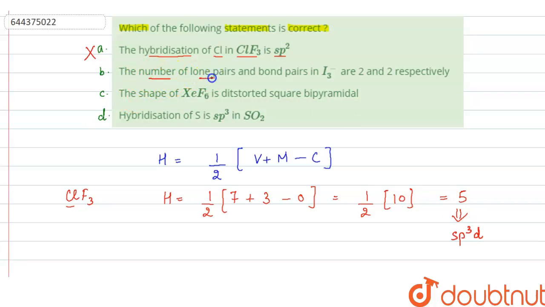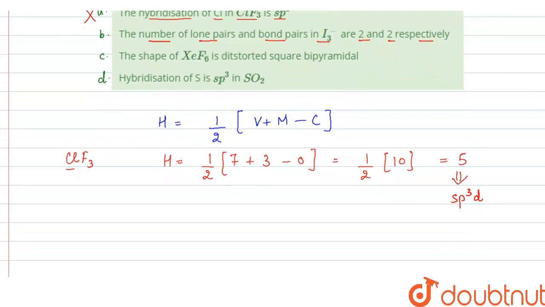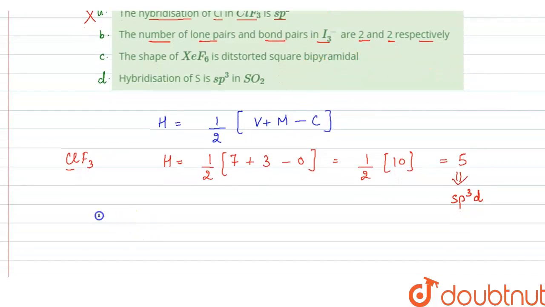Now let us check the second. The number of lone pairs and bond pairs in I3 negative are 2 and 2 respectively. First of all we'll check the hybridization in I3 negative. We can write I3 negative as I2 I negative. In this, the central atom is iodine and two iodine are attached to it.